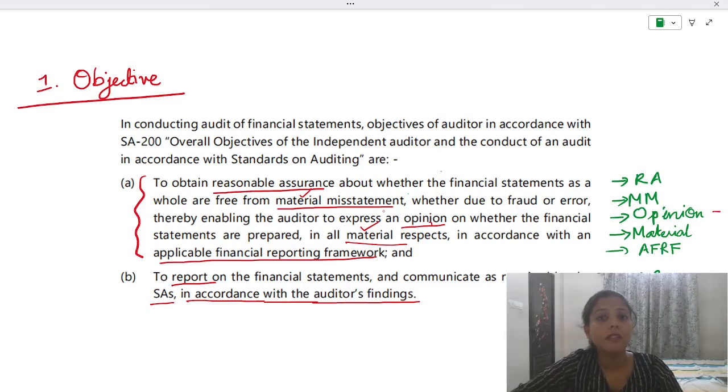If an FS is misstated, which means it is incorrect, does the auditor have to take responsibility? No, the auditor is not responsible for misstatements that are immaterial. He is only responsible for material misstatement because he only considers misstatements which are relevant and important to the financial statements, and he gives an opinion only on those material or important things.